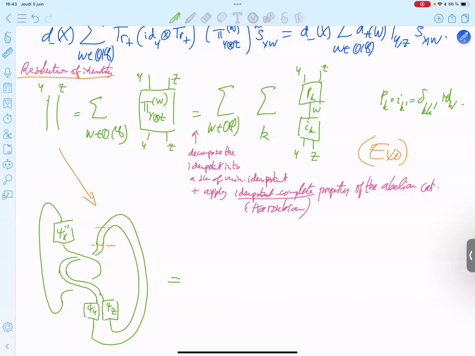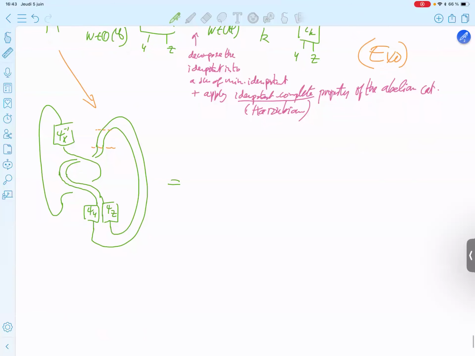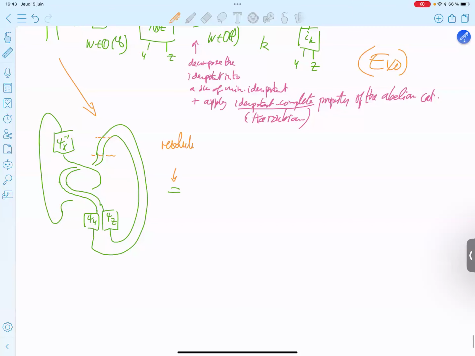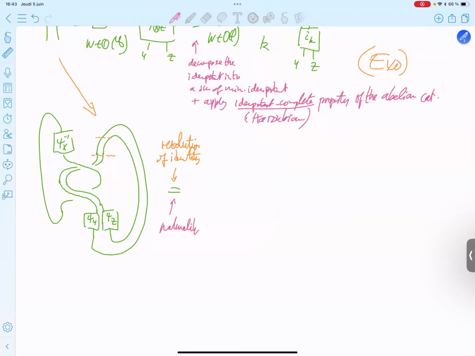So by the above picture, resolution of identity and naturality of the braiding, you get the following picture.